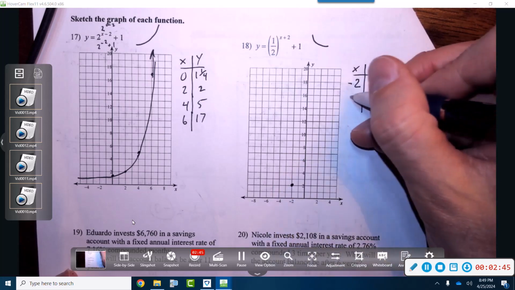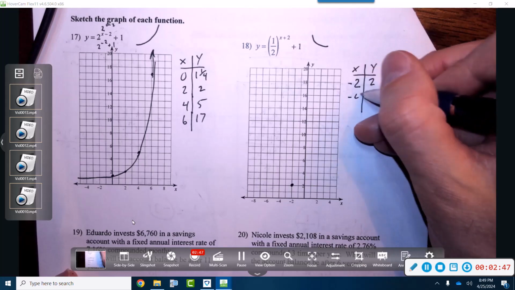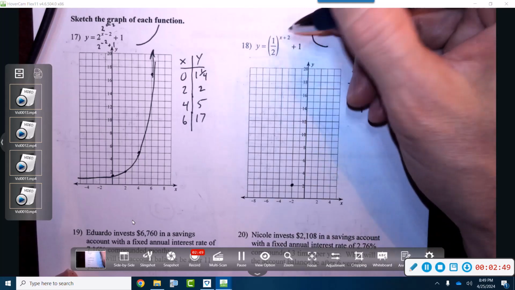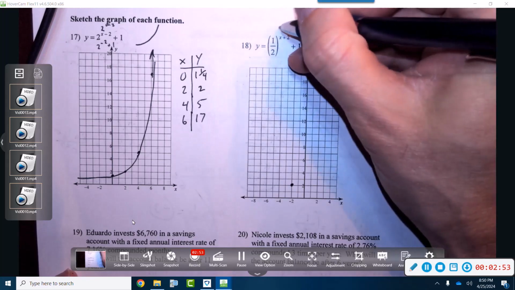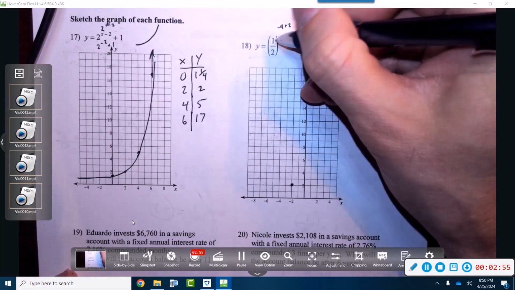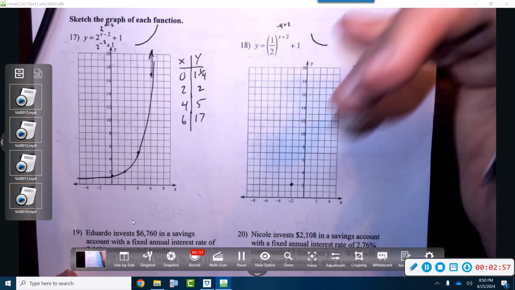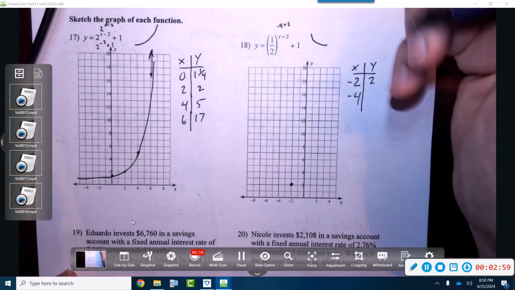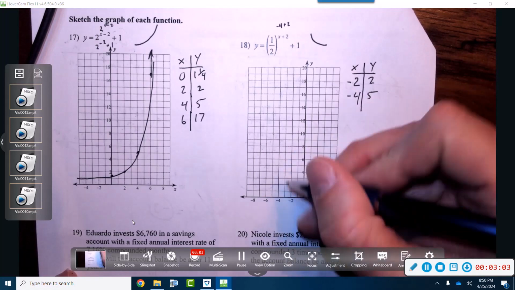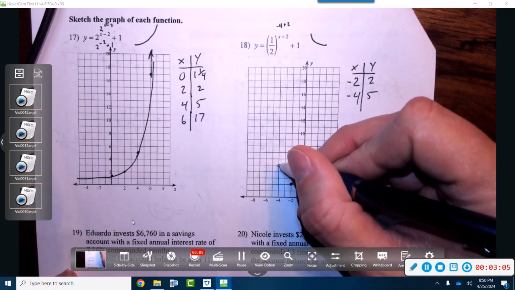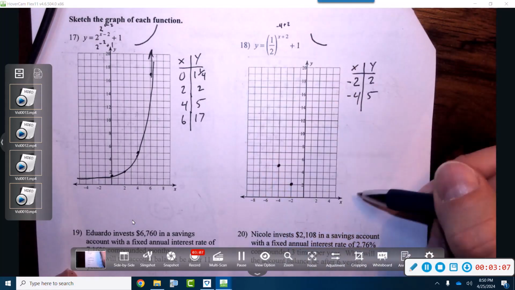All right, let's try negative 4. Negative 4 would become negative 2. 1/2 to the negative 2 power is positive 4 in the numerator. 4 plus 1 is 5. So we are at 5 here. That's exactly what we should expect.